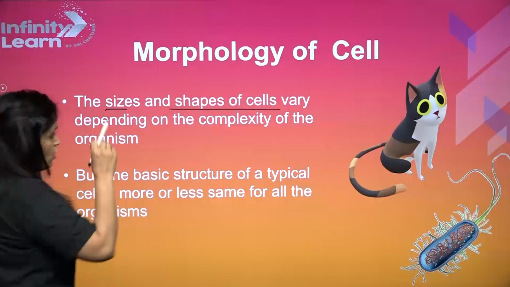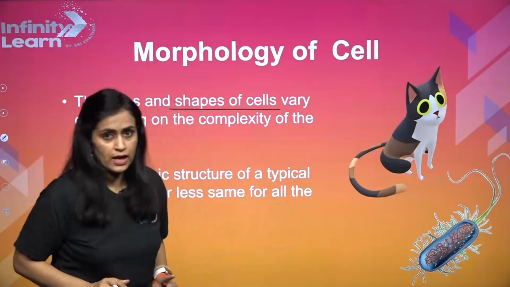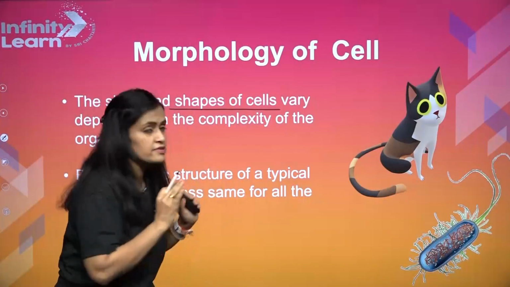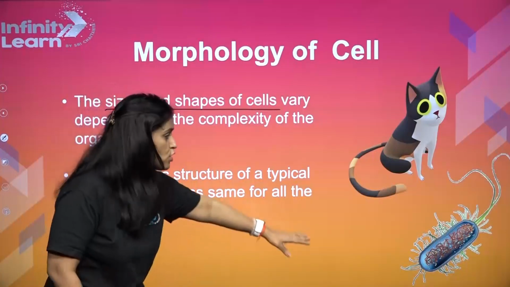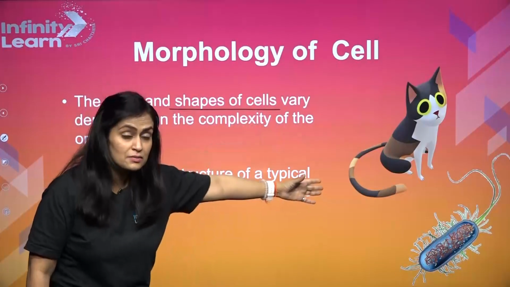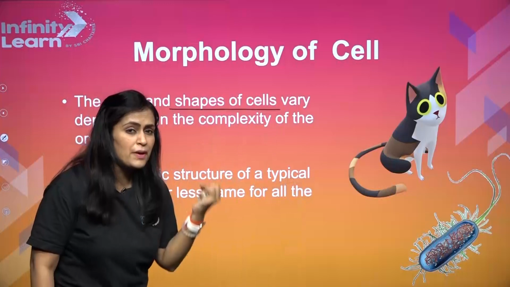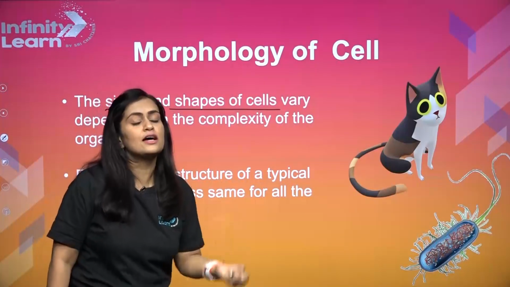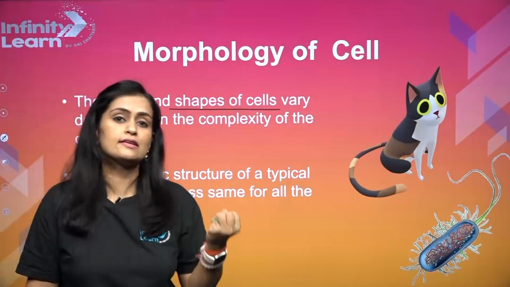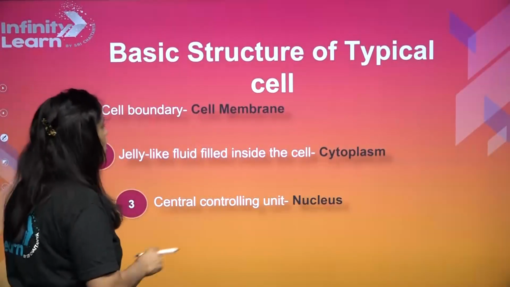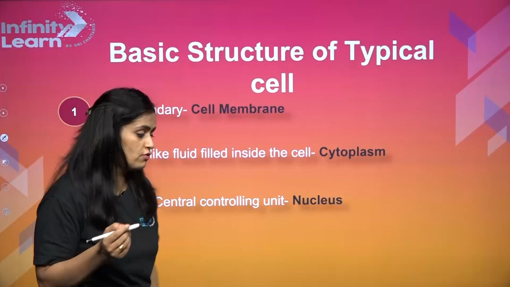So, let it be the unicellular organism or let it be the multicellular organism, let it be a simple organism, let it be a complex organism like that one. Okay, the basic structure of a cell always remain the same, right? It remains the same. So what is the basic structure of a cell?